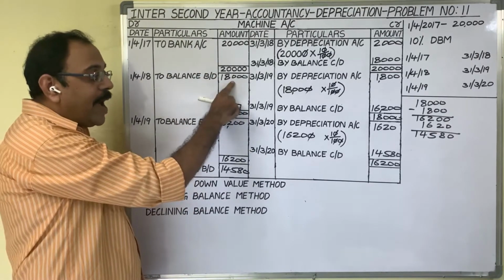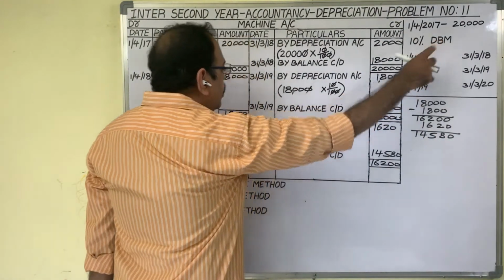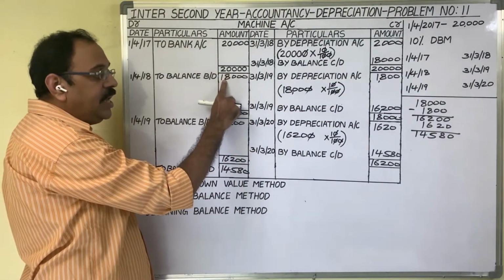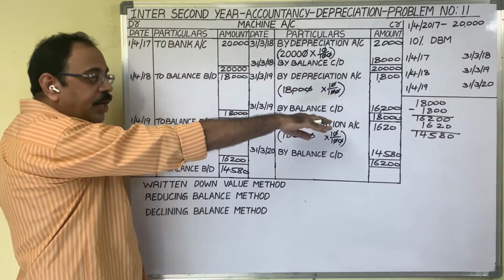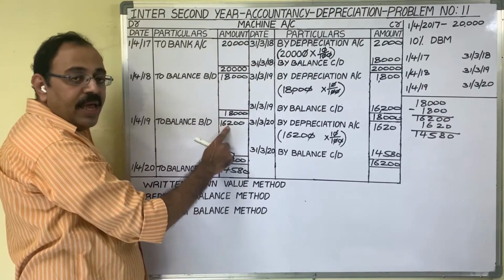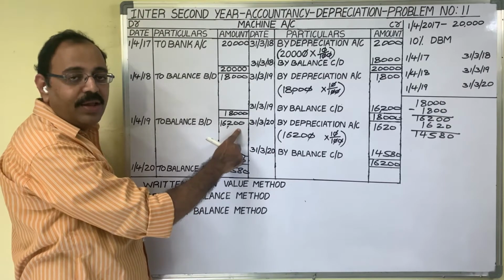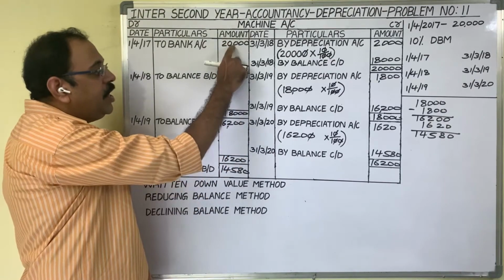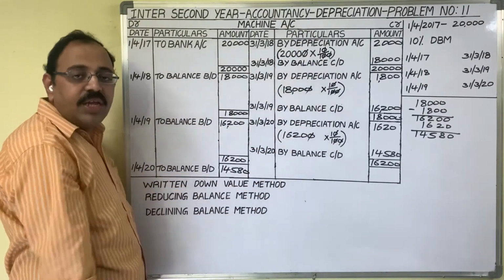Asset opening balance is diminished, reduced. Similarly, in second year we used it for 12 months. 1800 is reduced from 18,000. Then for third year, asset opening balance became 16,200. So on diminishing values, we are providing depreciation every year.